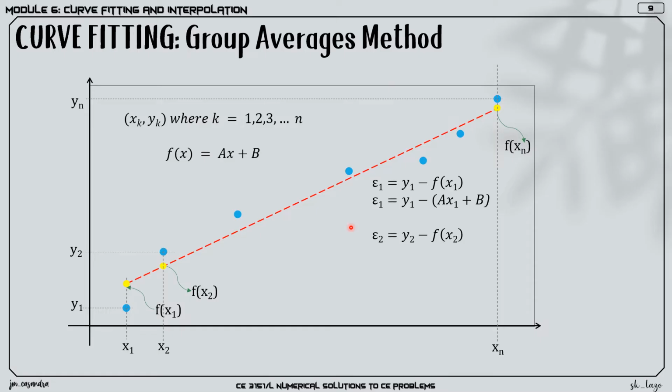And again, we can expand this as e sub 2 is equal to y sub 2 minus (a x sub 2 plus b). So take note that for our errors, we assume that the sum of all the errors in our data should be equal to 0.